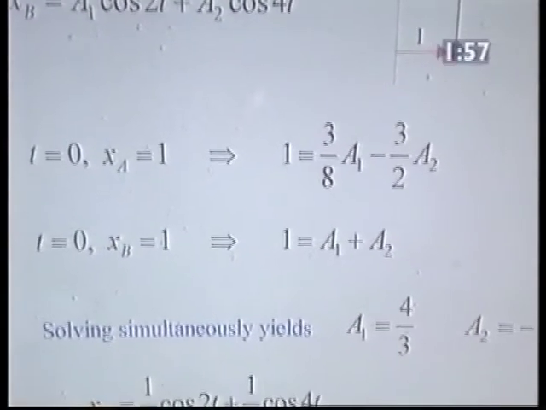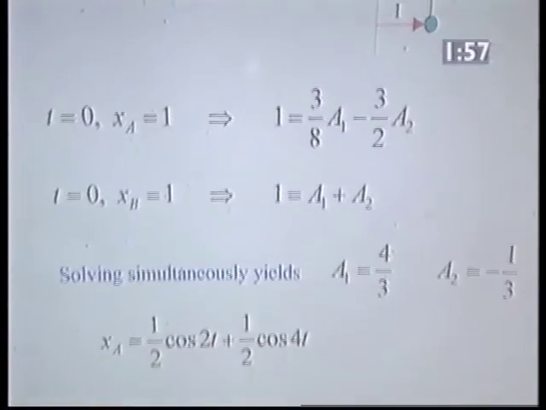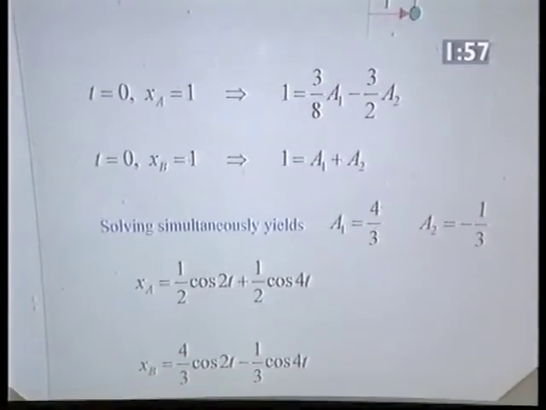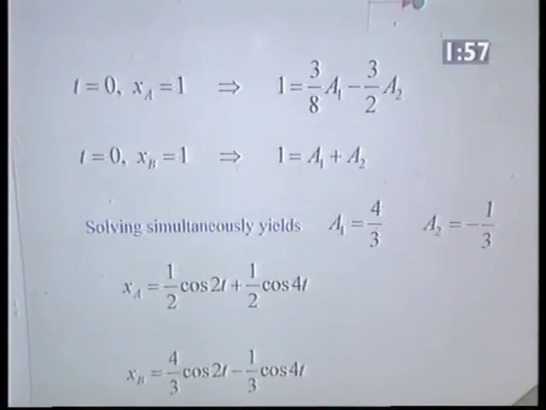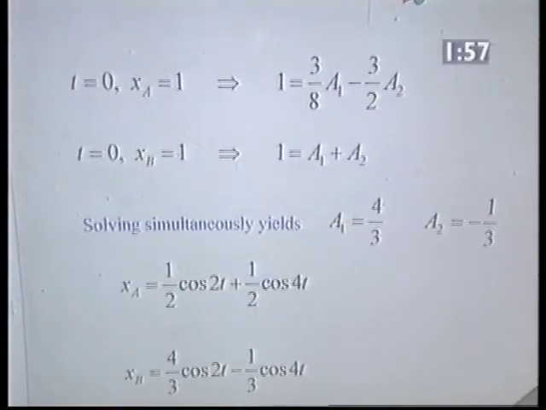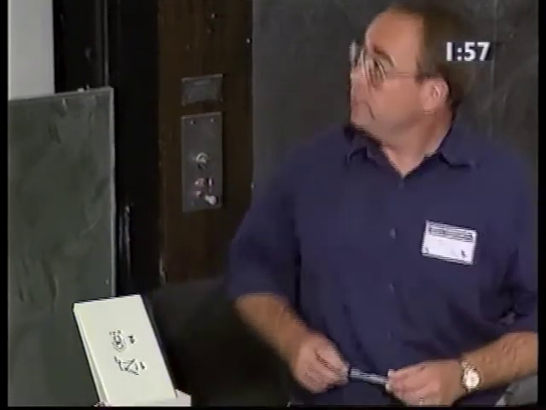If we do that, at t equals 0, cos is 1, so this is 3/8 A1, and this is minus 3 over 2 A2, and xa is 1. So we get this connection between A1 and A2. If we do the same with the second one, we get 1 equals A1 plus A2, which, if you solve those two equations simultaneously, we get the values of A1 and A2.